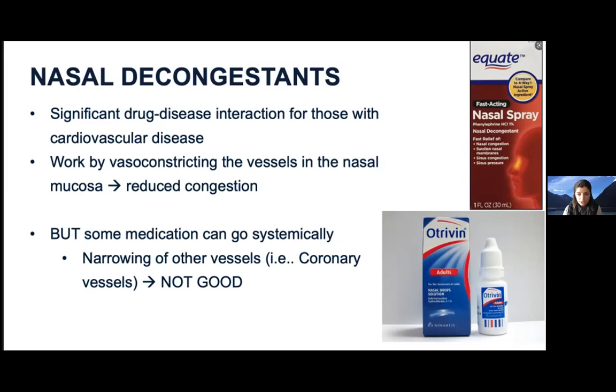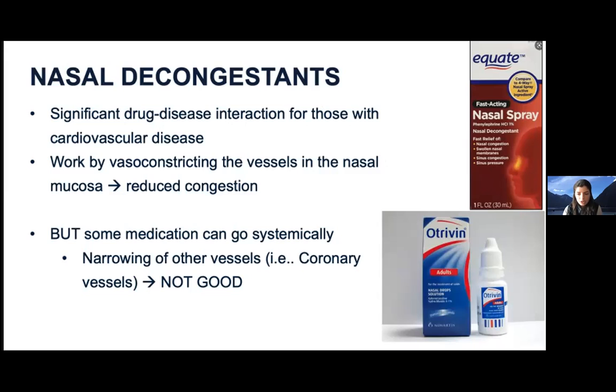This causes them to constrict or narrow, and this helps relieve the symptoms of congestion. Now, although the actions are primarily local, meaning that they mainly work on the nasal mucosa and don't spread, there is the potential that they can spread throughout the body and produce systemic effects.